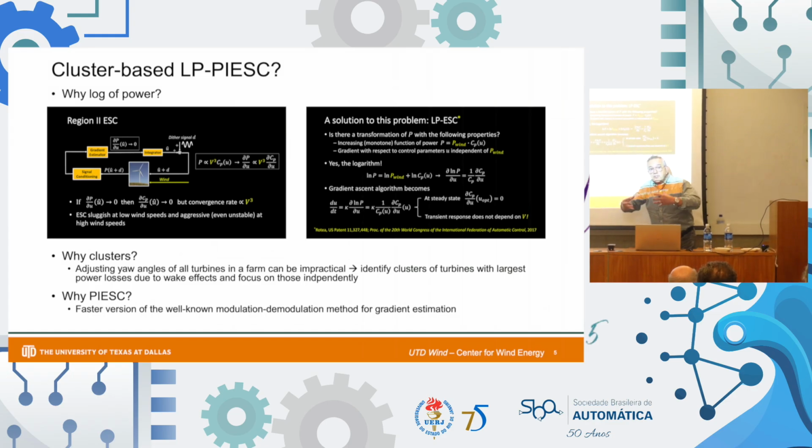Any version of an optimizer that uses information from the measurements is mainly interested in the gradient. So if I differentiate this quantity relative to my control variable u, this thing goes away. Basically I'm going from multiplicative uncertainty to additive uncertainty, and when I differentiate, I get rid of the uncertainty. That's the theory, okay? So the log is very powerful.